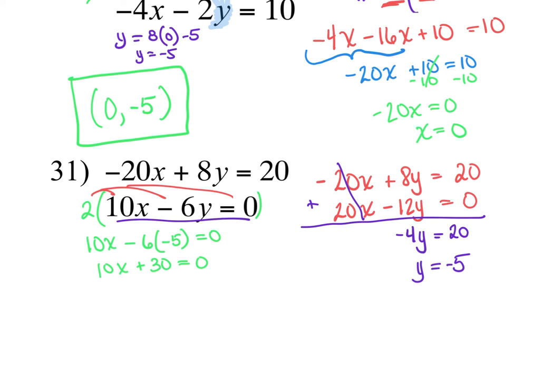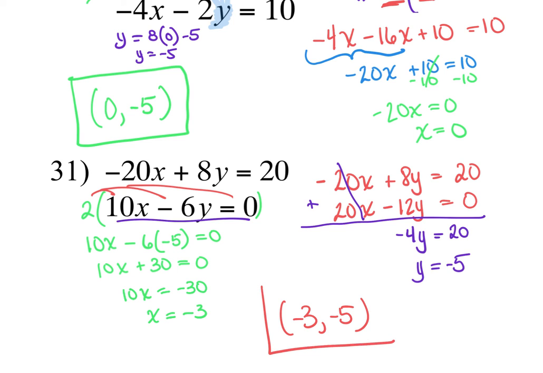All right, subtract my 30 over. 10x equals -30. So x equals what? -3. So my answer here is going to be -3 for x, -5 for my y.